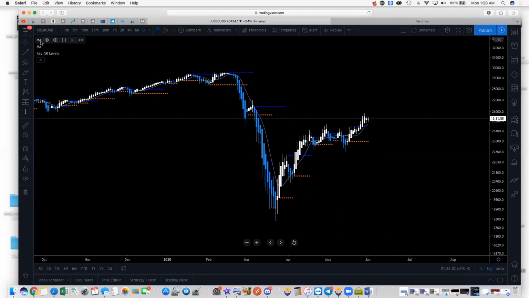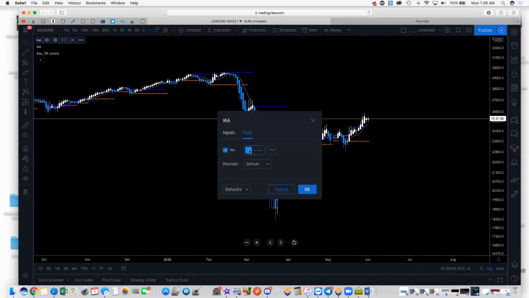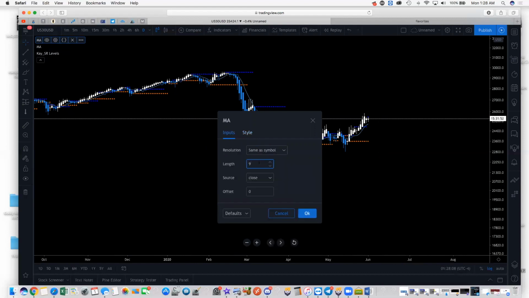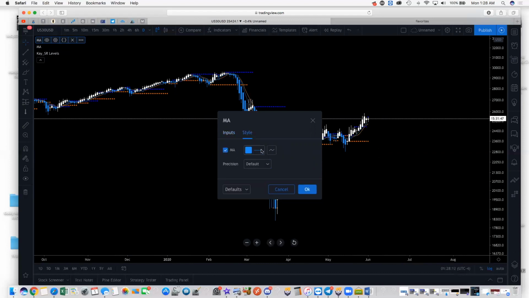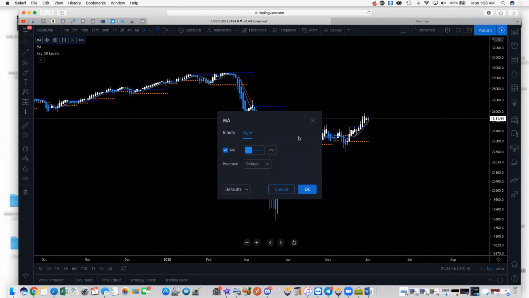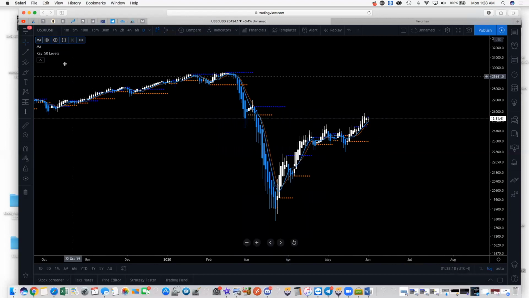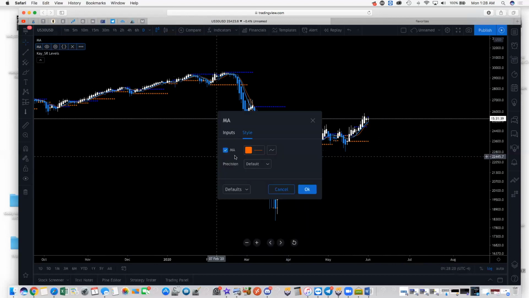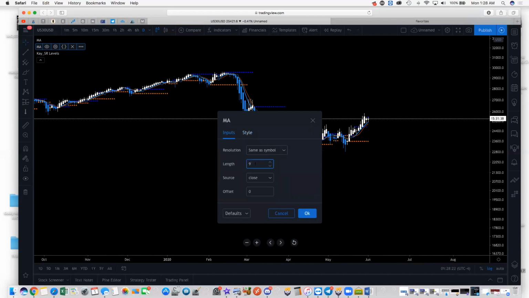All right, so what we're going to do first, come here to this first MA. We'll change this to 7 length, or 7 period. I like to make my lines a little thicker. Hit OK. Go to the next MA. Do whatever colors and things that you like, totally on you in your chart.